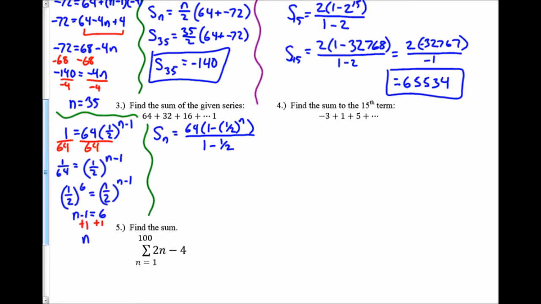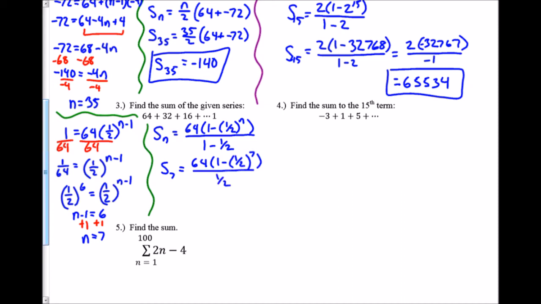So now I can come back over to my formula. I know that I'm looking for s sub 7. Got the 64. Again, 1 minus the 1/2 raised to the 7th power now, all over 1 minus 1/2, which I'm going to simplify right now and just say that's 1/2. Okay.